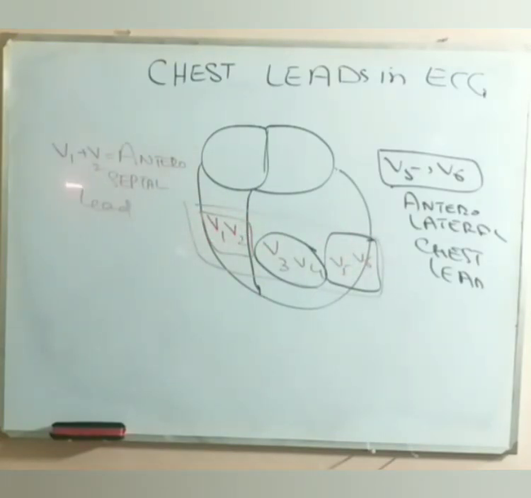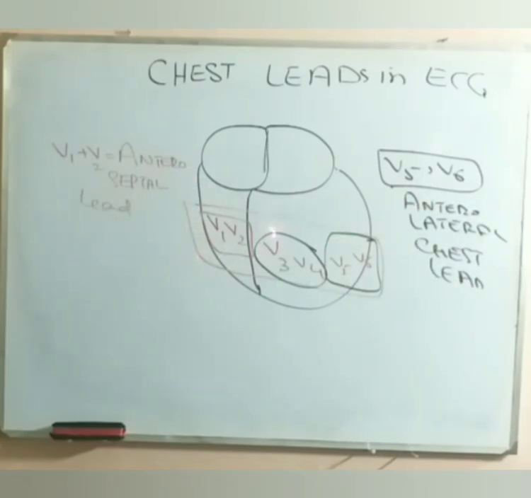V1 and V2 are anteroseptal and represent the septal changes and the changes of the right side of the heart. V3 and V4 are located purely in the anterior part of the heart. And V5 and V6 look at the anterior wall of the heart from its lateral side, so they are known as anterolateral chest leads.